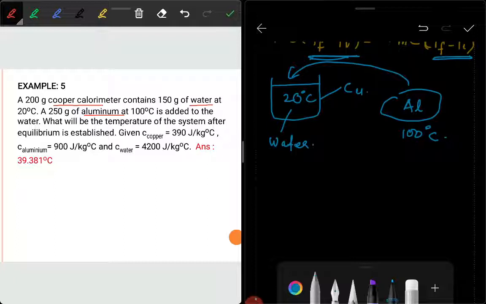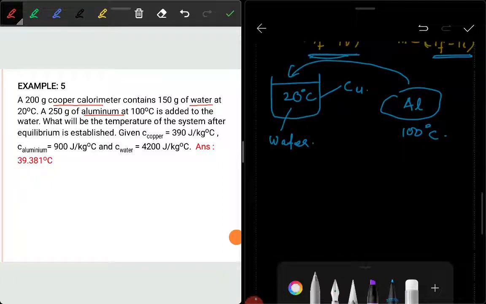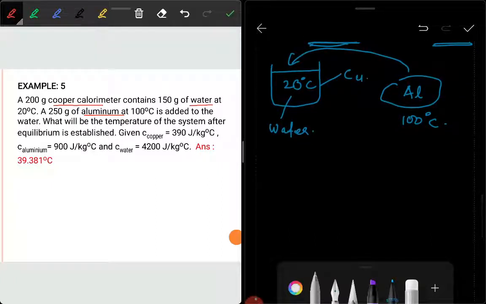What will happen when the aluminium is put inside the copper calorimeter? Which one gained the heat and which one lost the heat? By using your logical thinking, you can explain which one gained the heat and which one lost the heat.